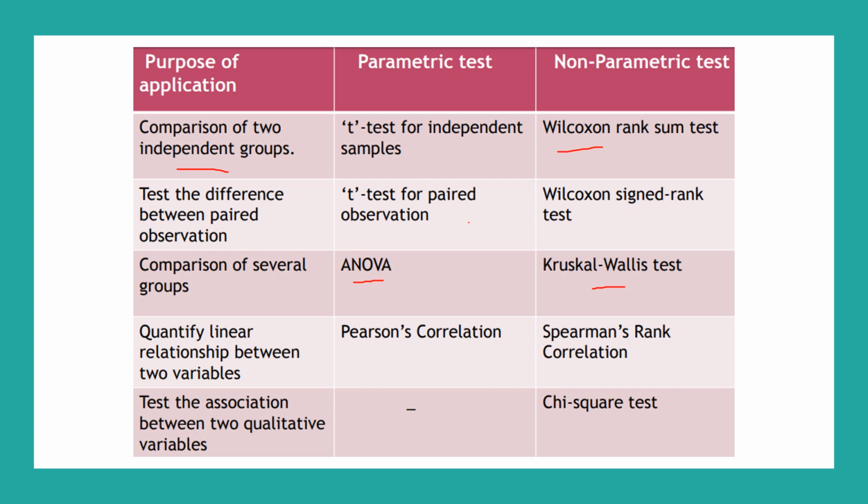If you are trying to put a relationship between two variables, then if it is parametric you are using Pearson's correlation, and if it is a non-parametric test you are using Spearman's correlation. And if you are trying to do something between two qualitative variables, then the test of choice will be chi-square test. Hope I have tried to make things simpler for you guys.